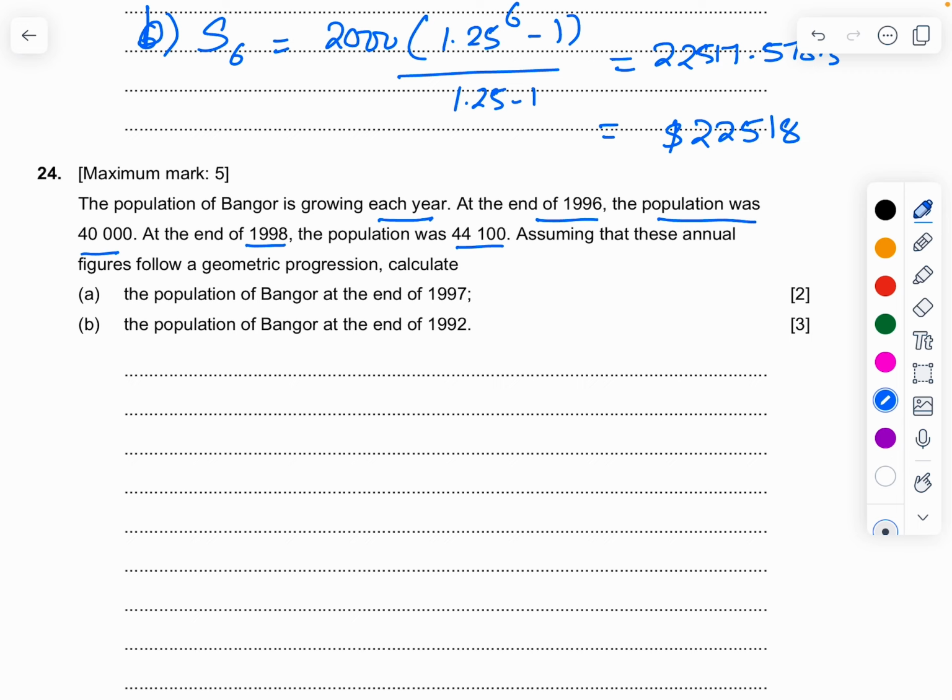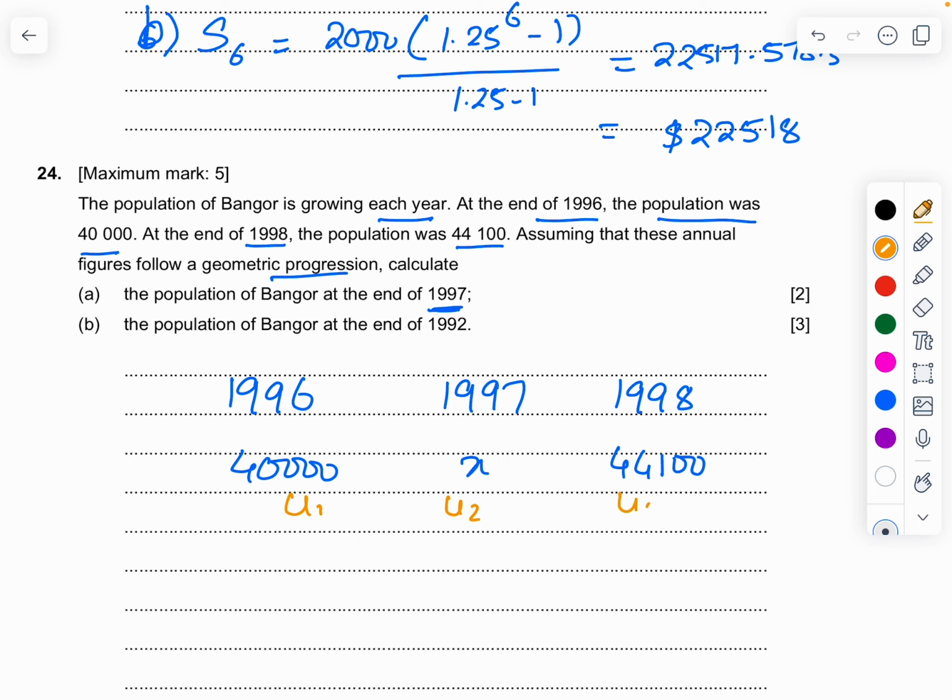So, assuming that the annual figures are in geometric progression, what was that in 1997? 1996, 1997, 1998. So this was 40,000, and we don't know it, it was X, and this was 44,100. Now they follow which sequence? Geometric sequence. So this is U1, U2, U3.